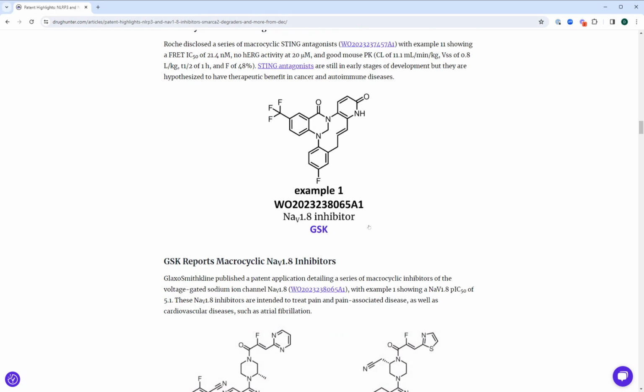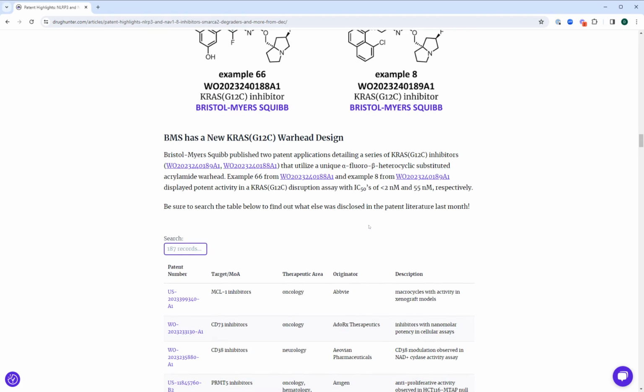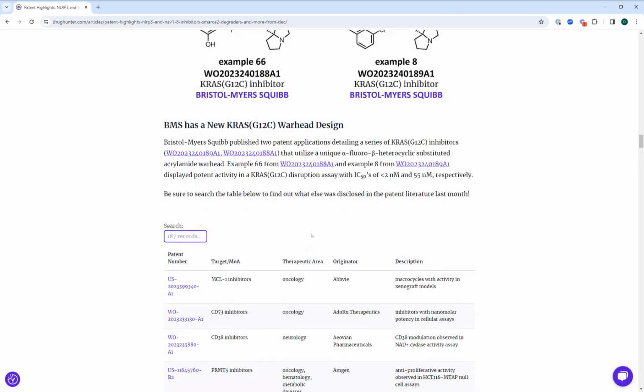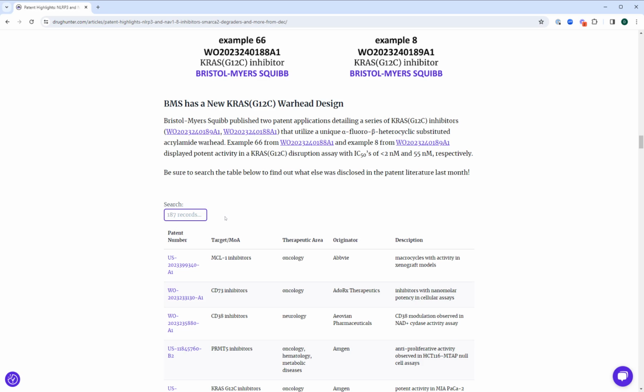In my experience, sifting through patents takes a long period of time, and you literally have PDFs with hundreds and hundreds of pages that make it very difficult to get information. Here we just highlight the 12 most interesting patents from December, but we also have an annotated searchable list here.